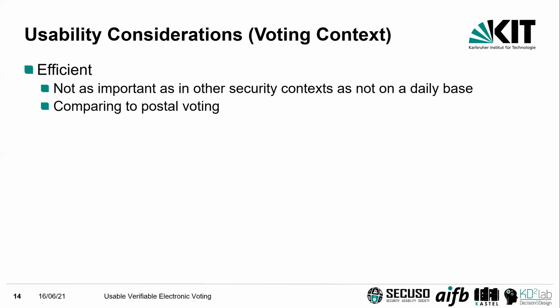I probably don't even want it to take 5 seconds. It's the same if I check emails, whether they are a phish or not. I don't want to spend 10 seconds or even 5 seconds on each email, and I actually don't have the time to do this. So efficiency is very important when it comes to security mechanisms that we use on a daily basis, and even more often than once a day.